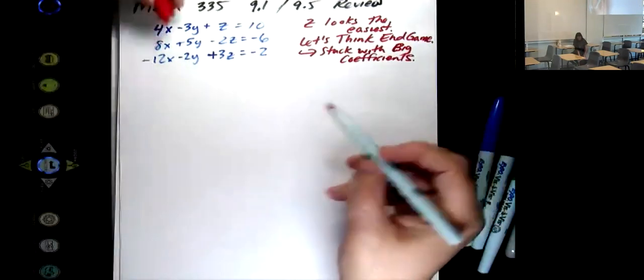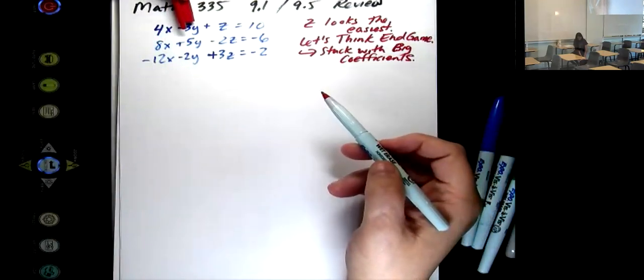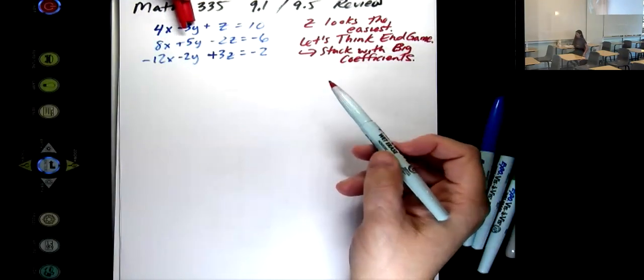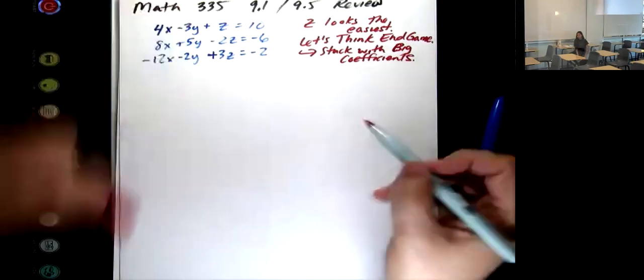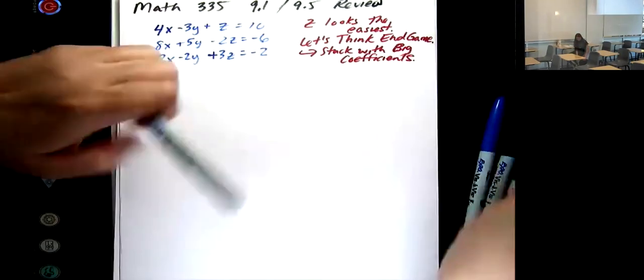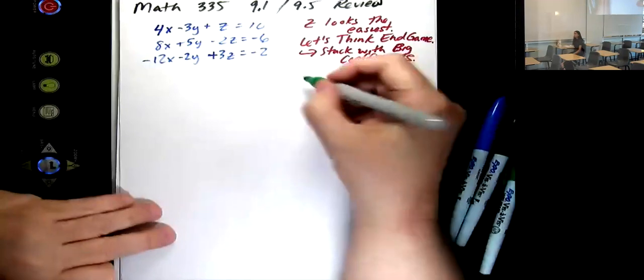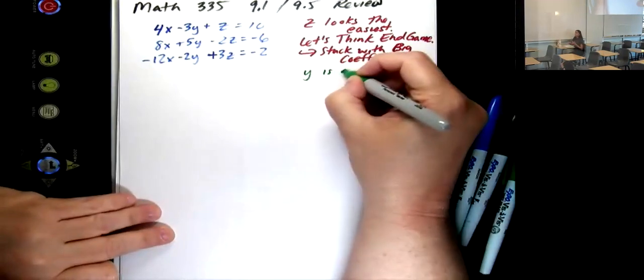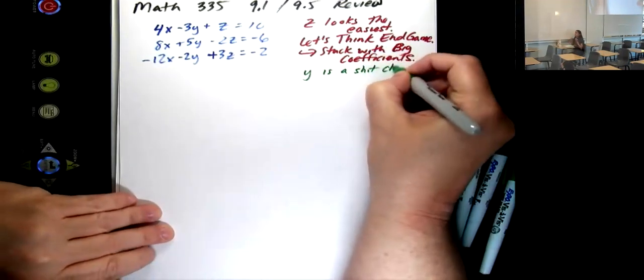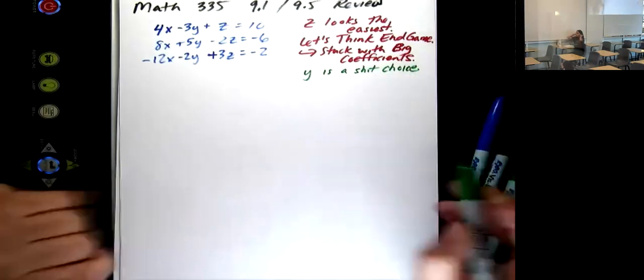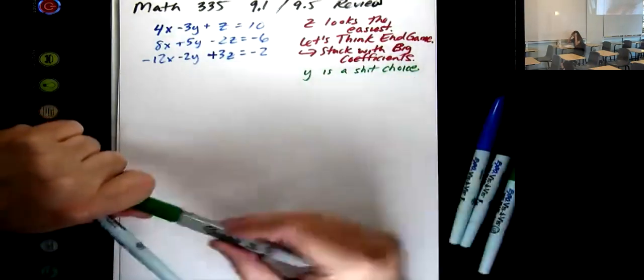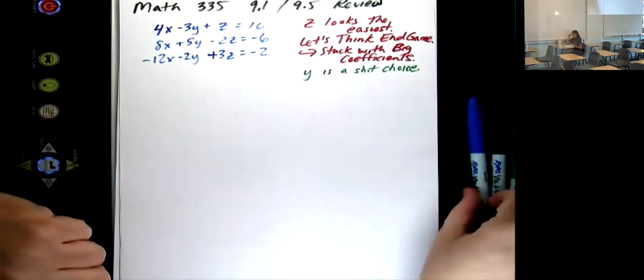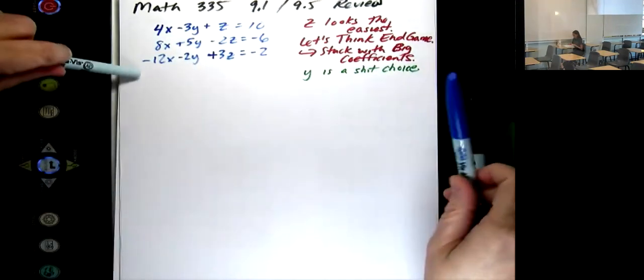If I get rid of y, they have nothing in common, so I'm going to have to do a lot of work. Y looks like a terrible option because there's nothing in common between the coefficients. X has something in common with all of them.